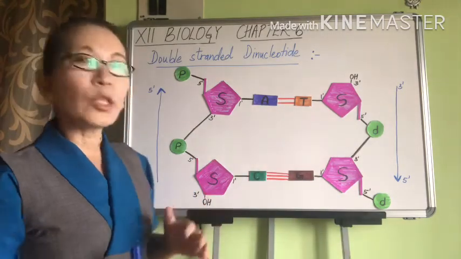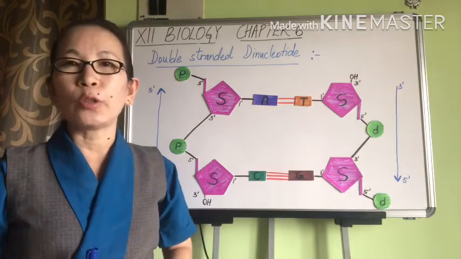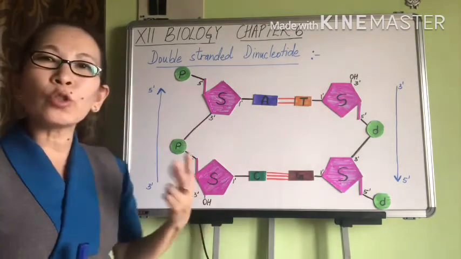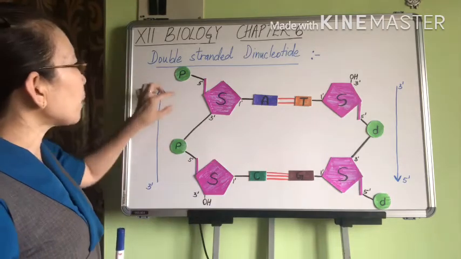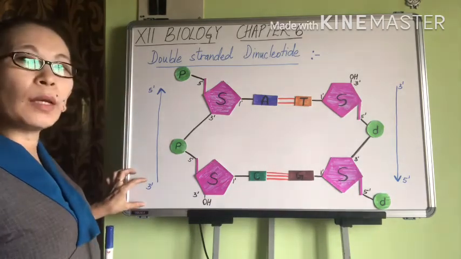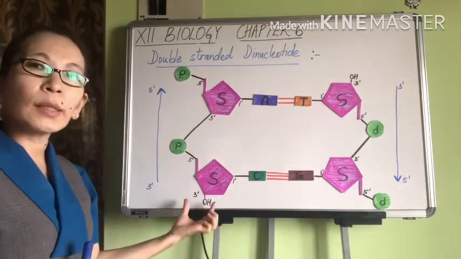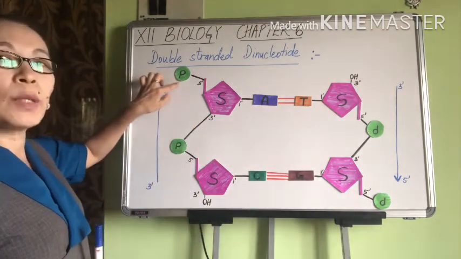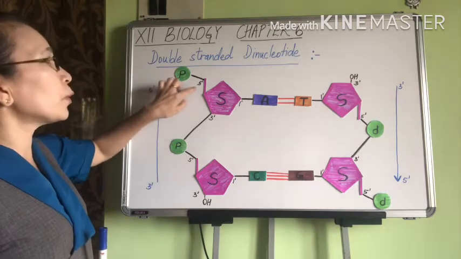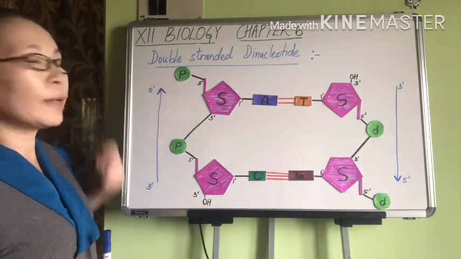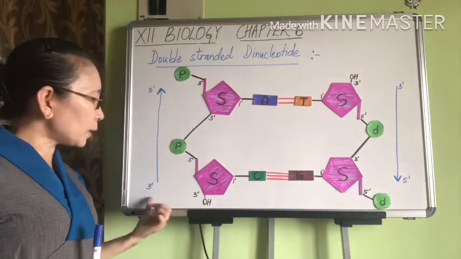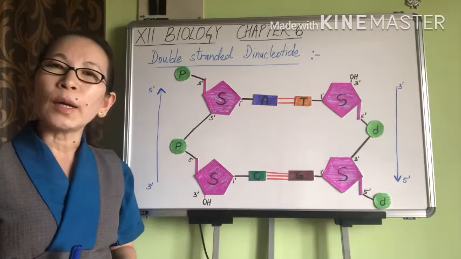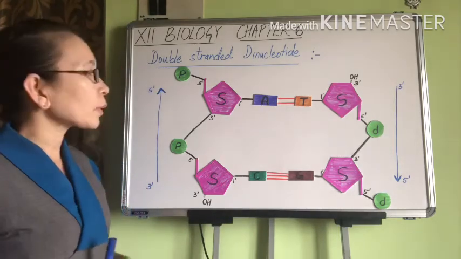Now, if you look into the direction of the 2 strands, as we know, each strand has polarity. It has a 5' end and a 3' end. So in this left side strand, here is the 5' end because you have the free phosphate group of the 5' carbon sugar at this end, and the bottom end is the 3' end because here we have the free hydroxyl group of the 3' carbon sugar.